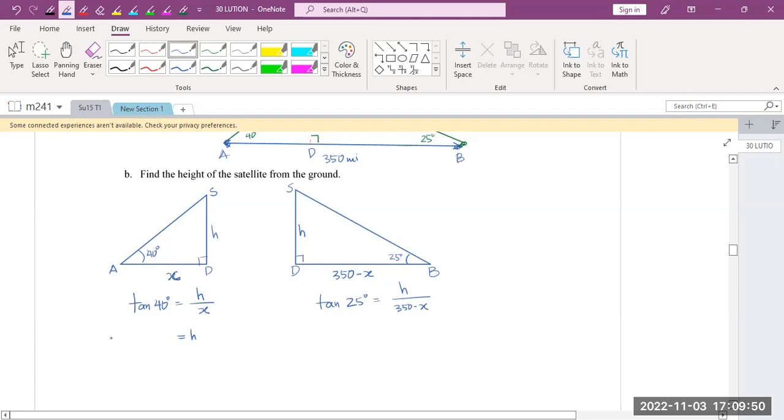So I get H equals X tangent 40 degrees. And the height is also 350 minus X times tangent 25 degrees.